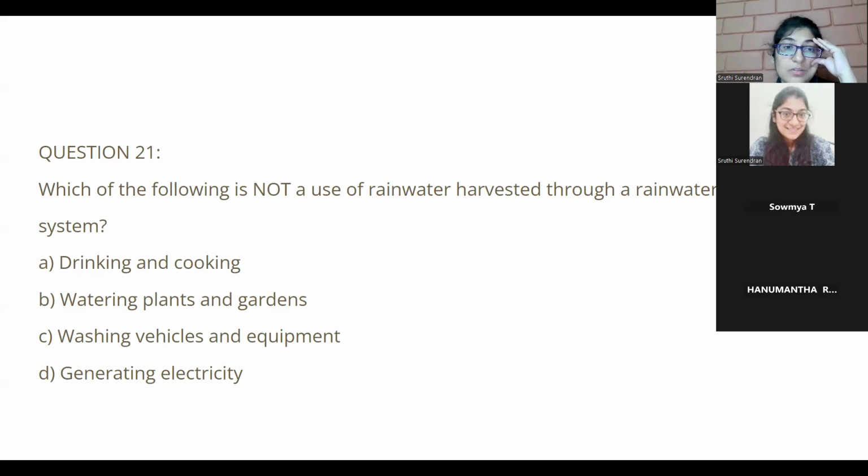The question is which is not a use of rainwater harvesting.